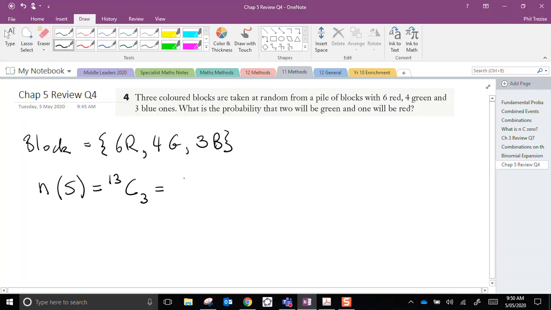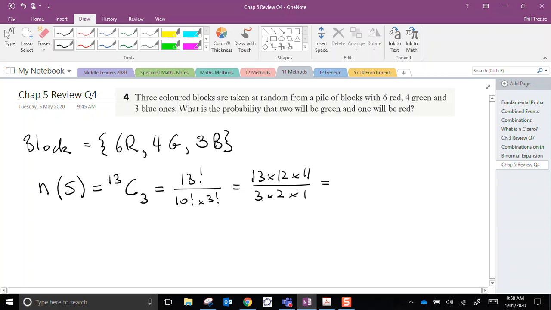It's 13C3. So using our rule, we have 13 factorial over 13 take 3 is 10 factorial by 3 factorial. Remember, this would simplify down to 13 by 12 by 11 over 3 by 2 by 1, when we cancelled off the 10 factorial that was at the end there.